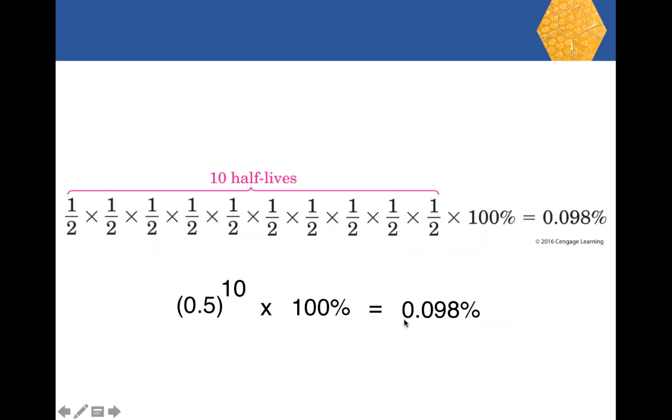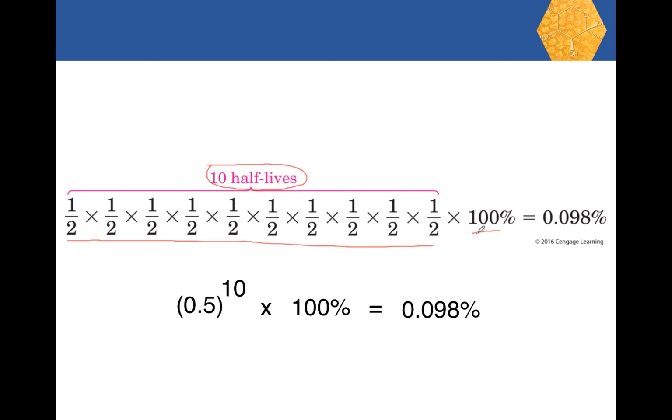Here's another example. This time, what percentage is left after 10 half-lives? You have an isotope, and you say after 10 half-lives, what percentage of that sample is left? So you have 100 grams. After some time, how many grams would be left based on the percentage? 10 half-lives, 1, 2, 3, 4, 5, 6, 7, 8, 9, 10 halves.